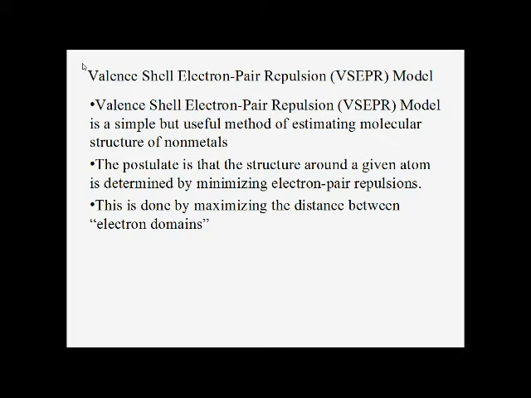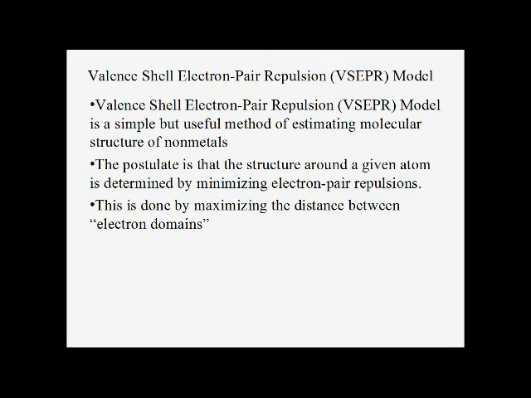The valence shell electron pair repulsion model gives us the geometries of our molecules. It's saying that areas of electron density, or electron domains, are characterized by electrons in bonds, whether they are single, double, or triple bonds, that's going to be one area of electron density, and by non-bonding electron pairs, lone pairs of electrons.